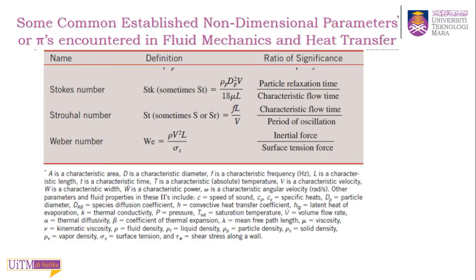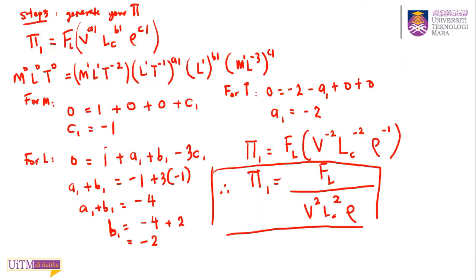Now the fourth pi, we have 4 pi. So pi 4 will equal, now the last one left is C. The last one will be C times the repeating variables, V, L and rho. So V^A4, L^B4, rho^C4. And M0 L0 T0 equals C, the velocity, so this will be L1 T minus 1.